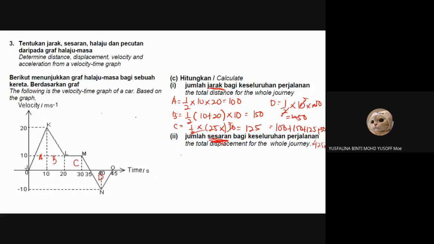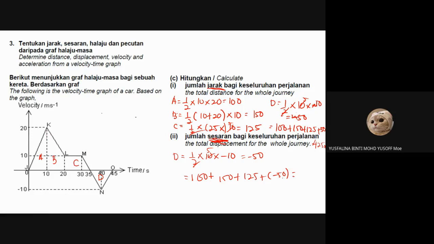Okay, and for this one, I just calculate the D part, because A, B, C are actually the same, only the D part is different. D you have to take as negative because displacement is a vector. So half multiplied by 10 multiplied by negative 10 gives negative 50. Then you add all the areas: 100 plus 150 plus 125 plus negative 50.